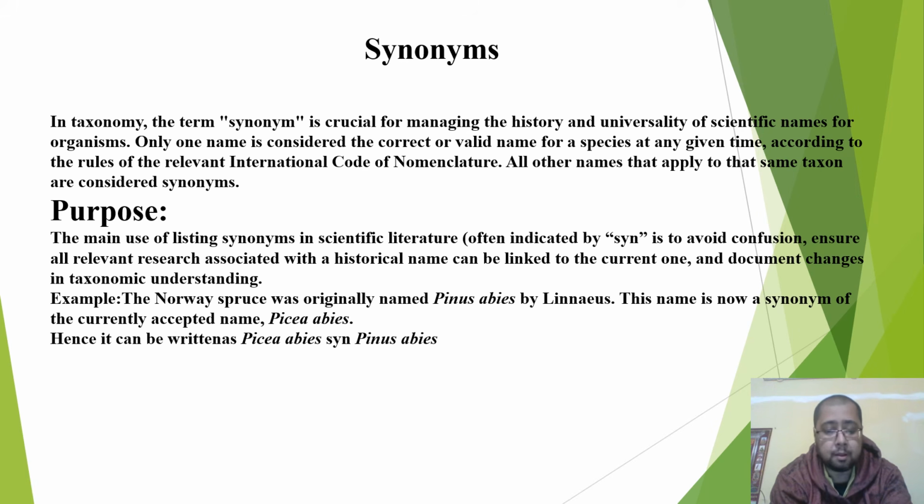For example, the Norway spruce was first named Pinus abies by Linnaeus. The name is now a synonym of the currently accepted name Picea abies. Hence it is written as Picea abies syn. Pinus abies. I repeat, Picea abies syn. Pinus abies.